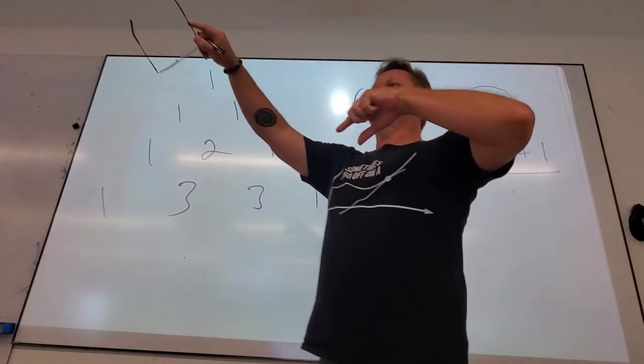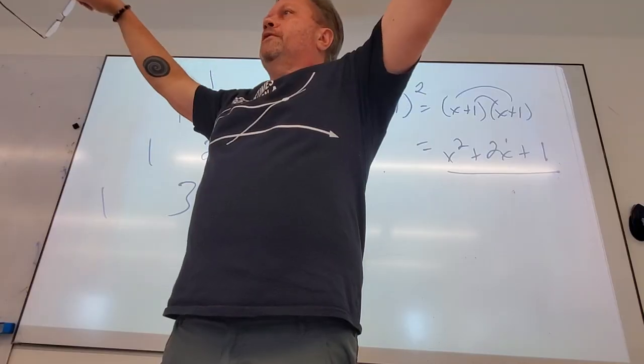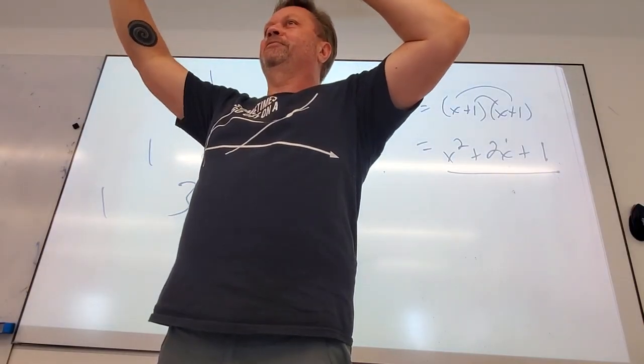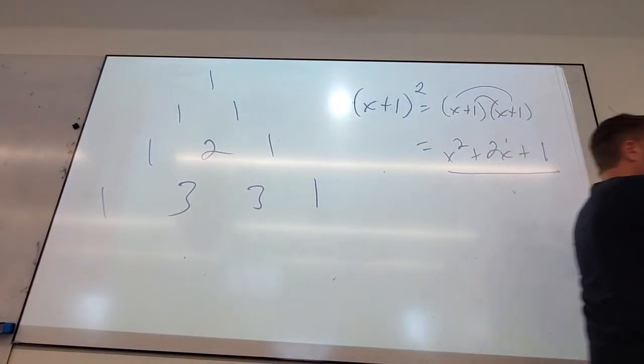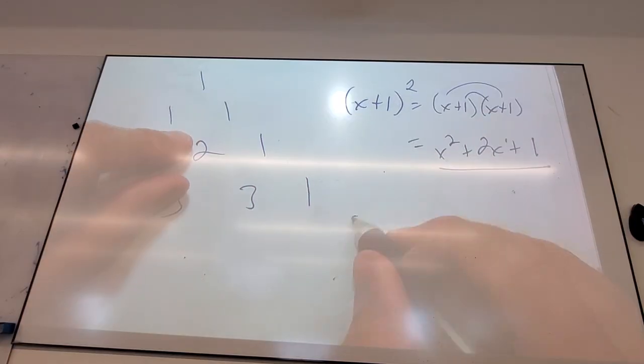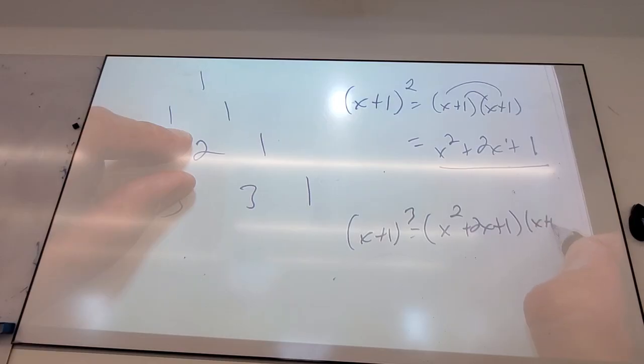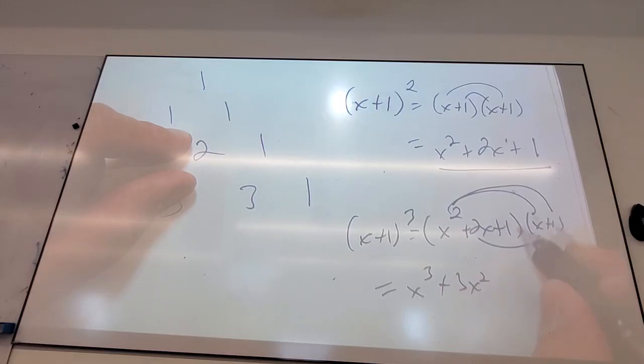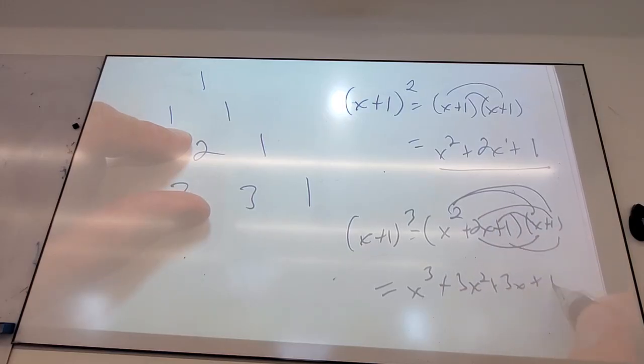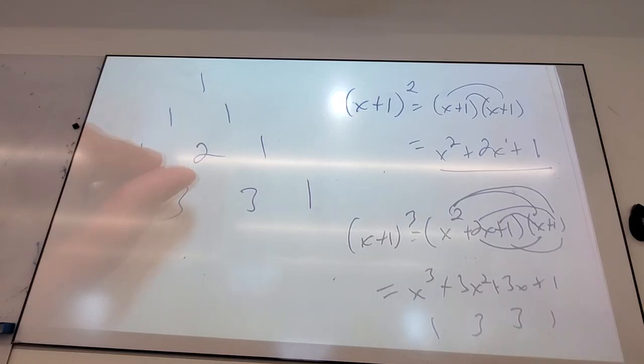So if I cubed it, what do you think the coefficients would be? 1, 3, 3, 1. In fact, if I cube x plus 1, that'll be x plus 1 squared, which we know is this, times x plus 1, and then I get x cubed, plus x squared plus 2x squared is plus 3x squared, plus x plus 2x is plus 3x, plus 1. 1, 3, 3, 1 are the coefficients, yes?